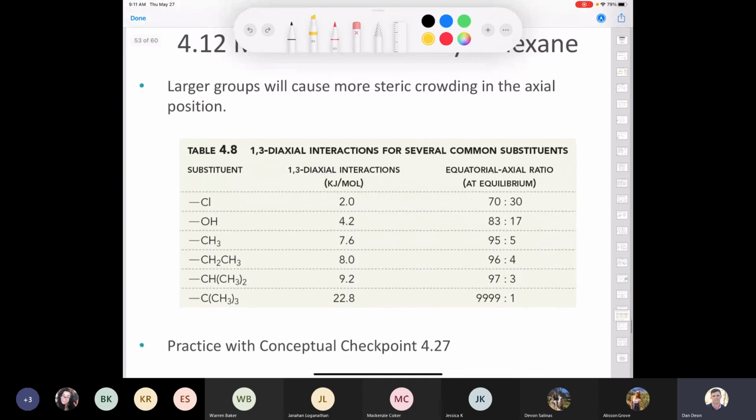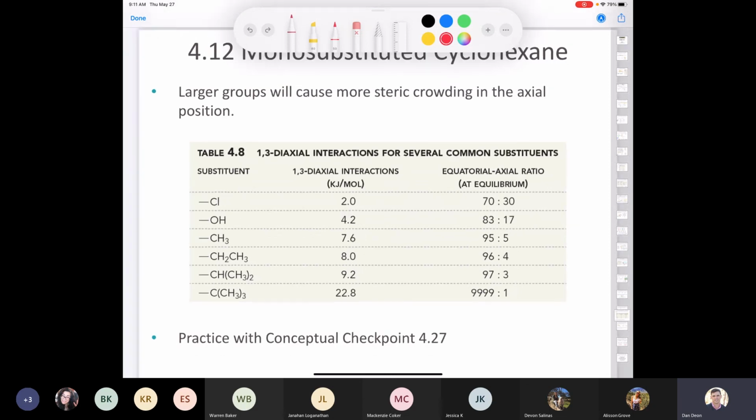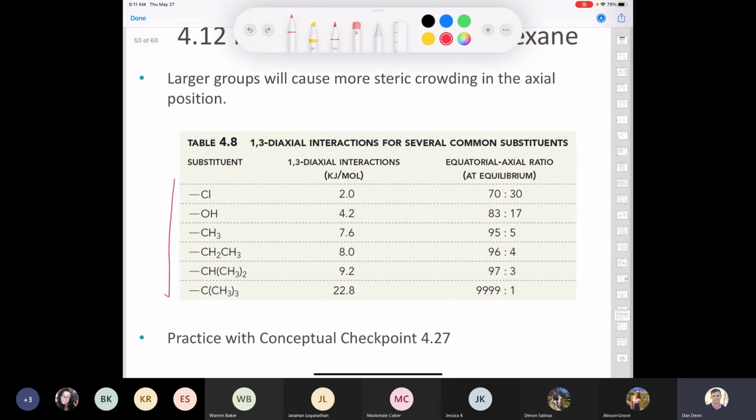So the bigger the group, the more steric crowding, and the more it's going to want to be in the equatorial position. So if you go from, what does it say here? You've got a chlorine to a hydroxyl to a methyl to an ethyl to an isopropyl to a tert-butyl, right? This is methyl. This is an ethyl group. This is an isopropyl, and this is a tert-butyl.